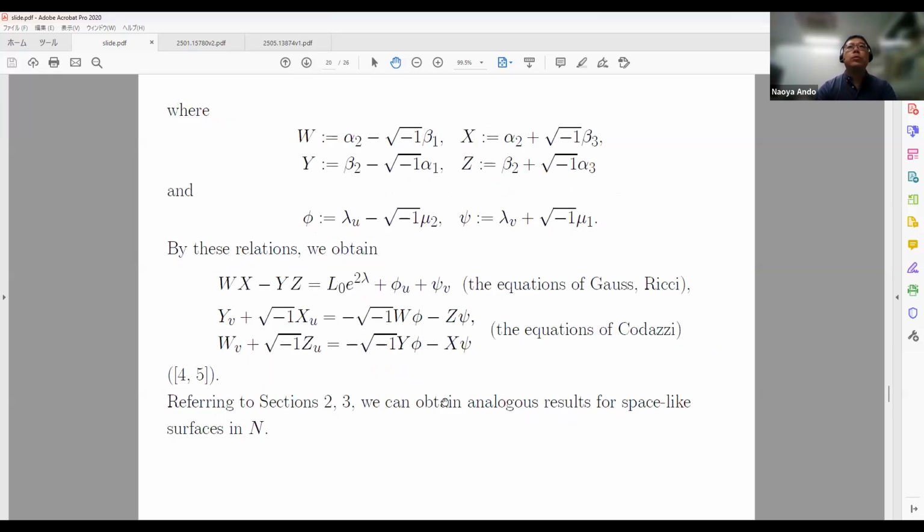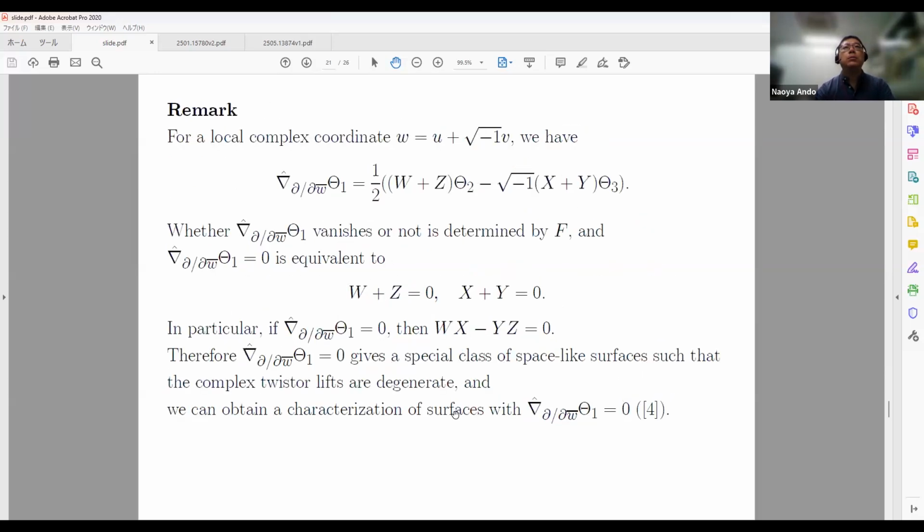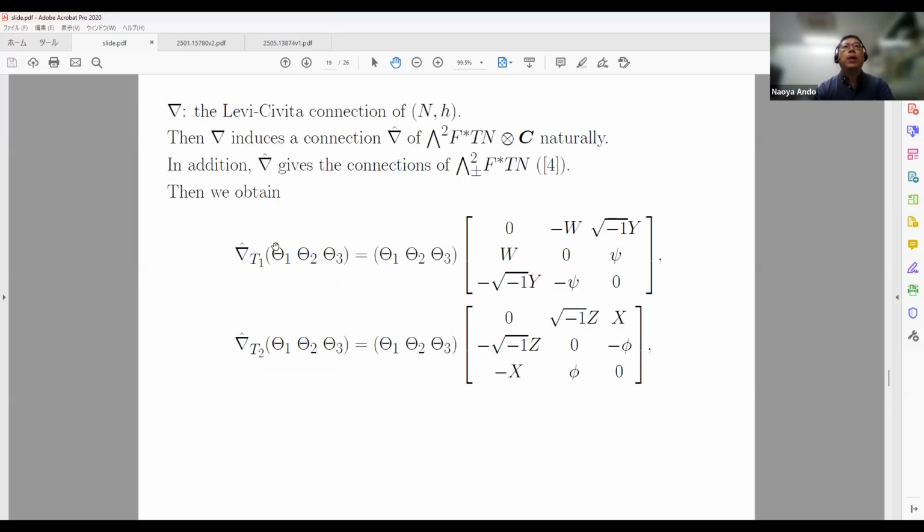So, noticing the first column of these matrices, we see that the covariant derivative of theta minus by T1 and T2 are linearly dependent.